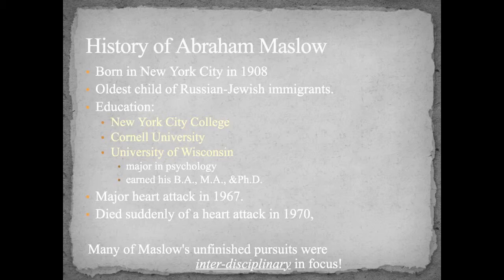At the University of Wisconsin, he earned his bachelor's, his master's, and his PhD. Unfortunately, in 1967 he suffered a heart attack, and then in 1970 he had another heart attack, and that's actually what killed him.